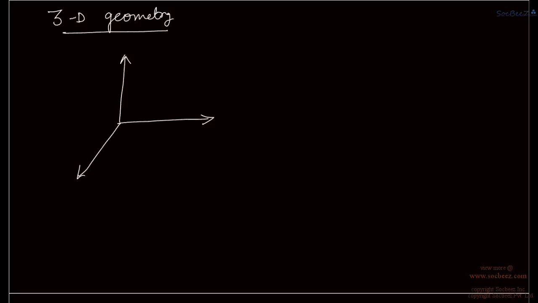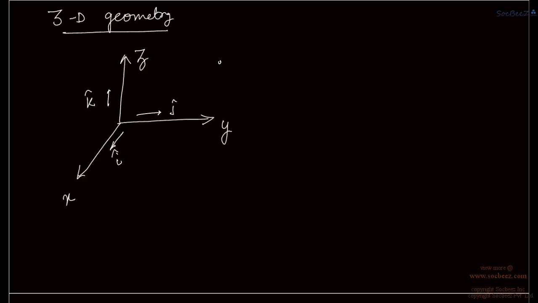Now we are moving to three-dimensional geometry. In three-dimensional geometry we have three axes, x-axis, y-axis and z-axis, and unit vectors which are along x-axis is called i cap, along y-axis is known as j cap, and along z-axis is known as k cap, okay.